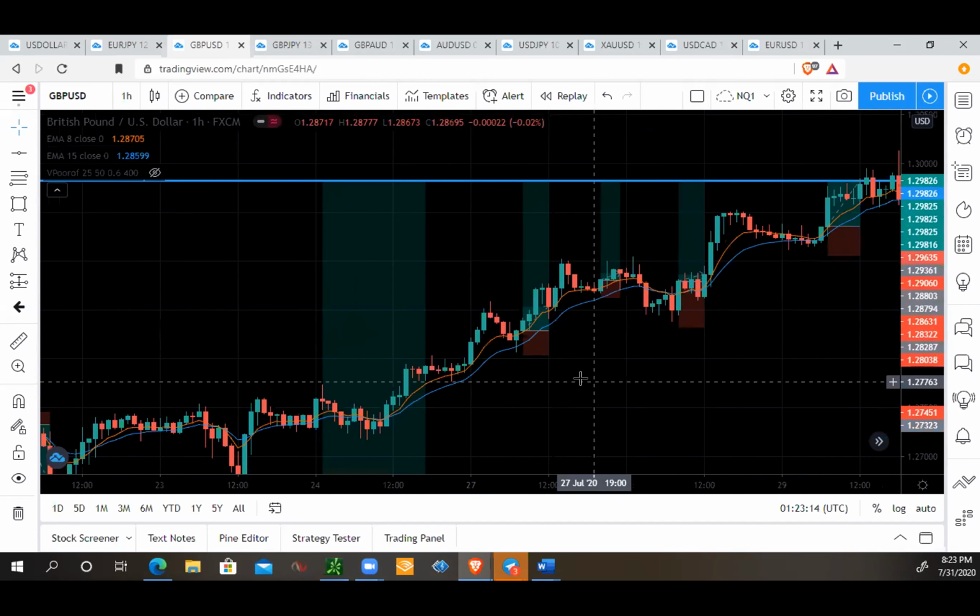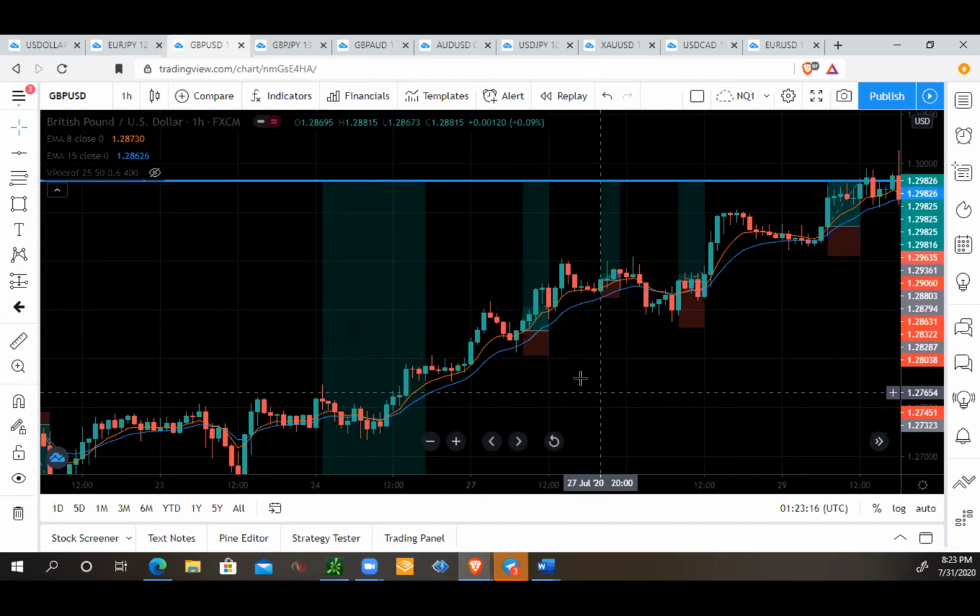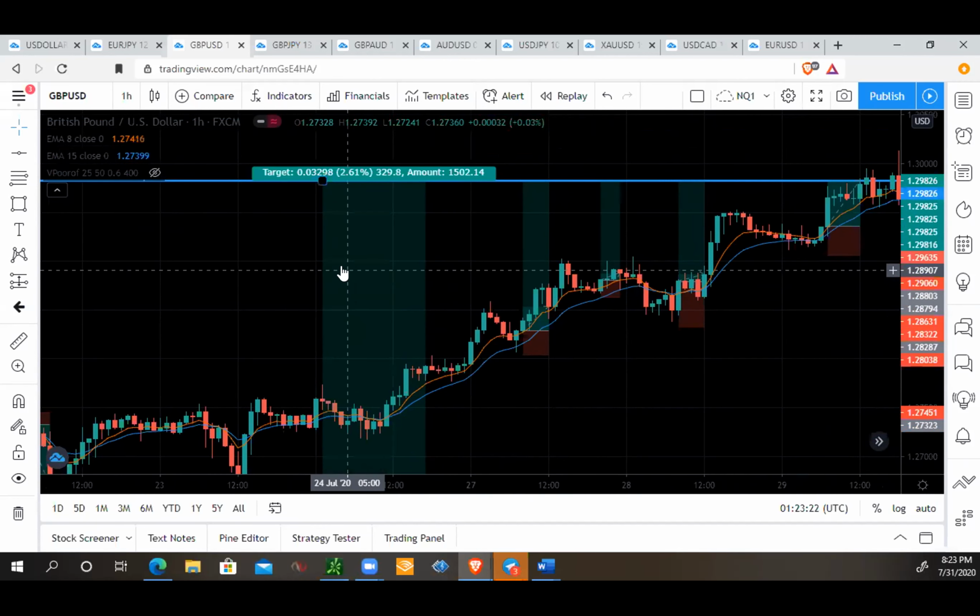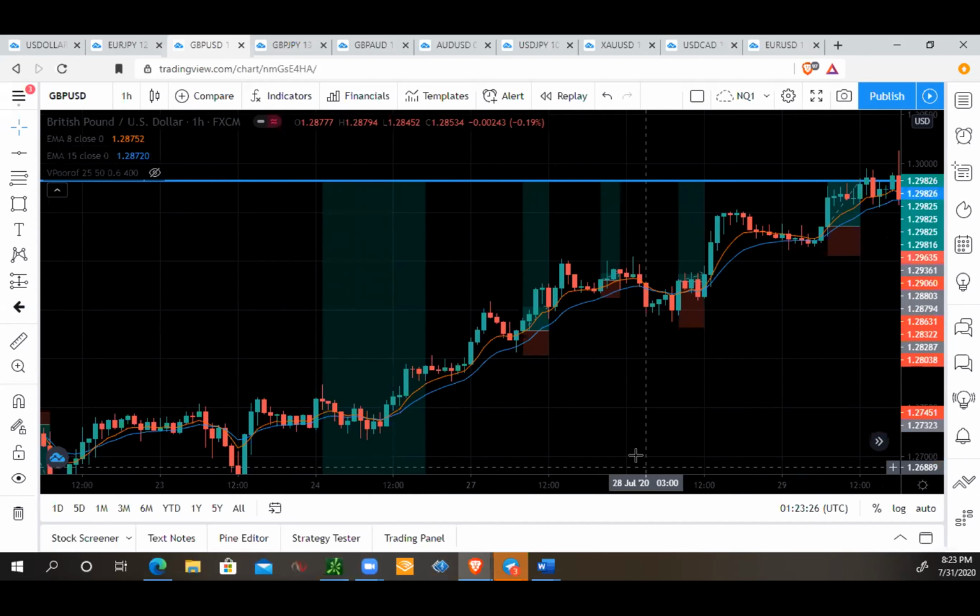Scratch those numbers. Those weren't the right pips. The first one was 329 pips. So 329 times 10 times 50 cents. That's 1,645. This is how you calculate pips.